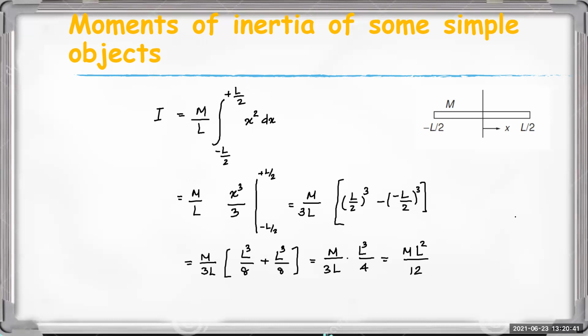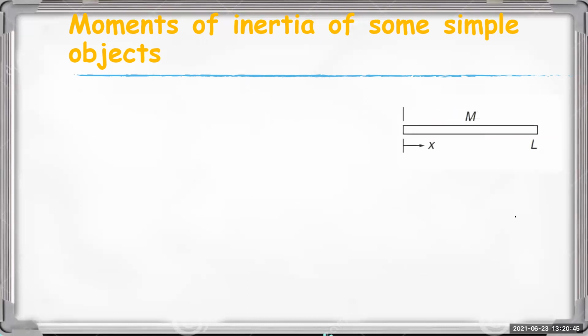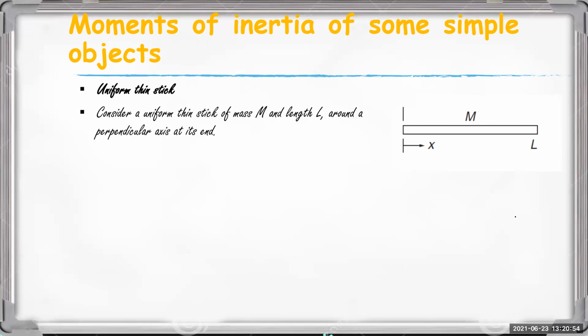Okay. Next, we consider the same stick, but we have to find the moment of inertia about an axis passing through one of its ends. Here also, we take a small section.